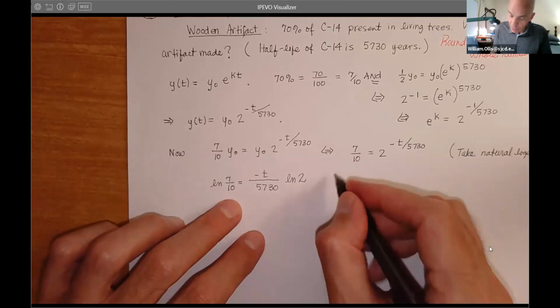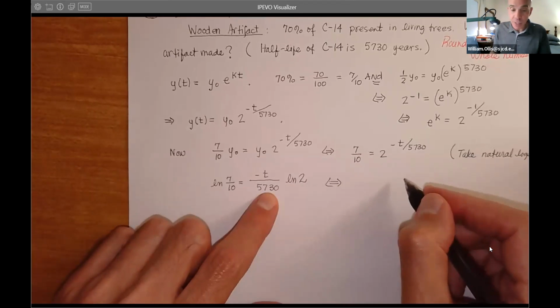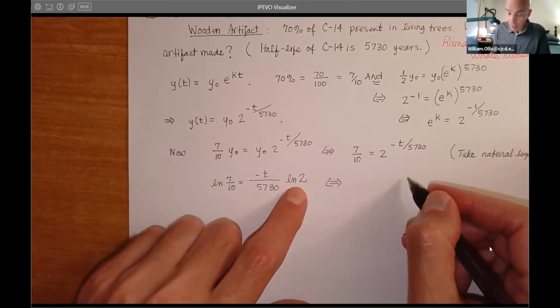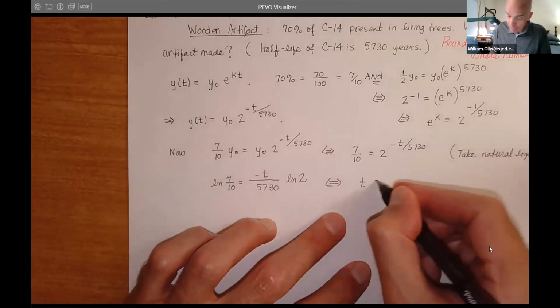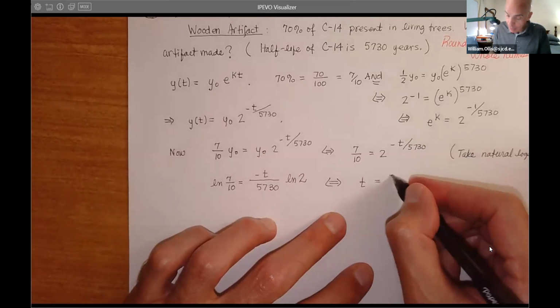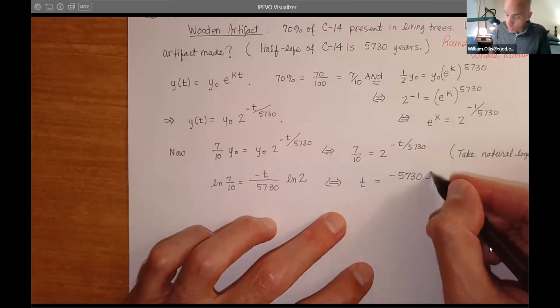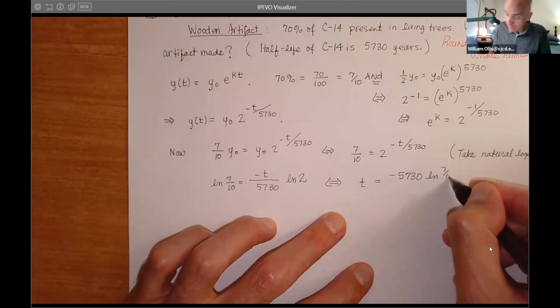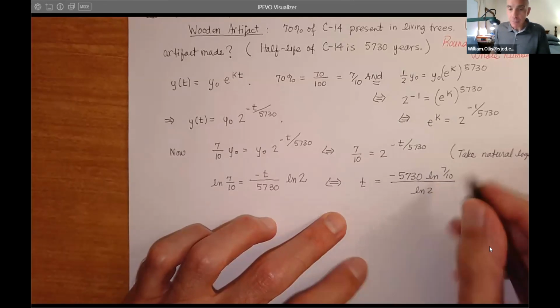And so now we can solve. Multiply by 5,730 and divide by log 2, and with the negative sign, of course. So t is equal to negative 5,730 times natural log of 7/10 divided by natural log of 2.